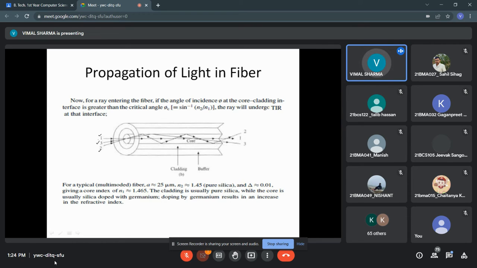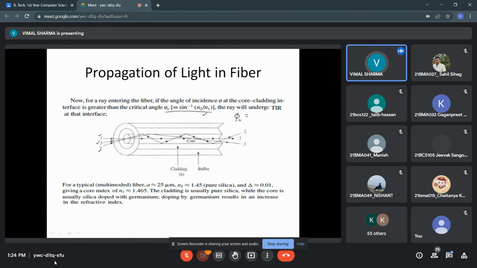Whereas rays 2 and 3 move through this optical fiber through total internal reflections. Yesterday we said that the critical angle at the core-cladding interface, phi c, is sine inverse of n2 over n1.